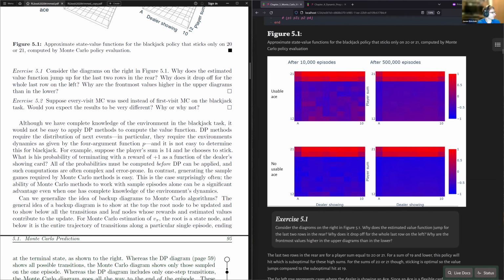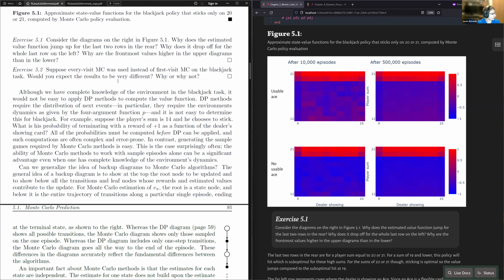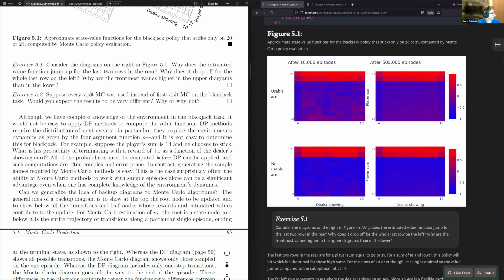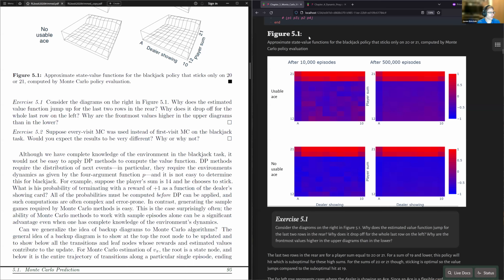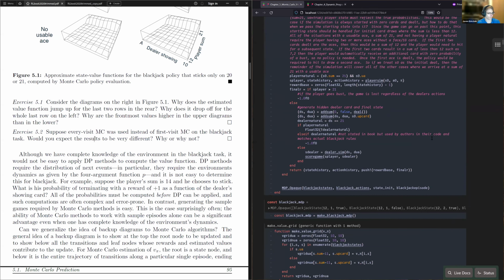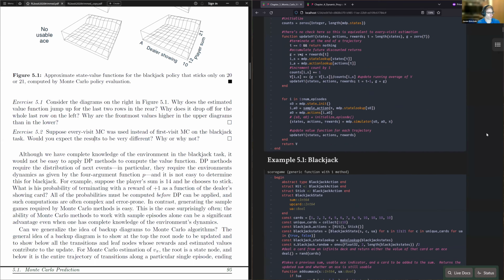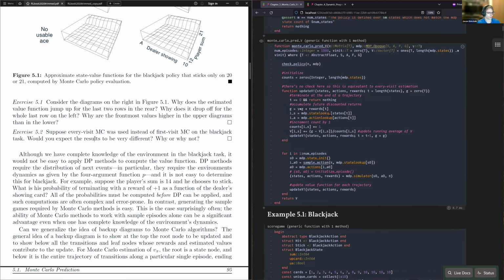Okay, and then we had this other question about suppose every visit. The way the book lays it out is that as you go through the episode, you should only average the first state visited when you update the value in a given episode. And here, I'm actually not doing that.